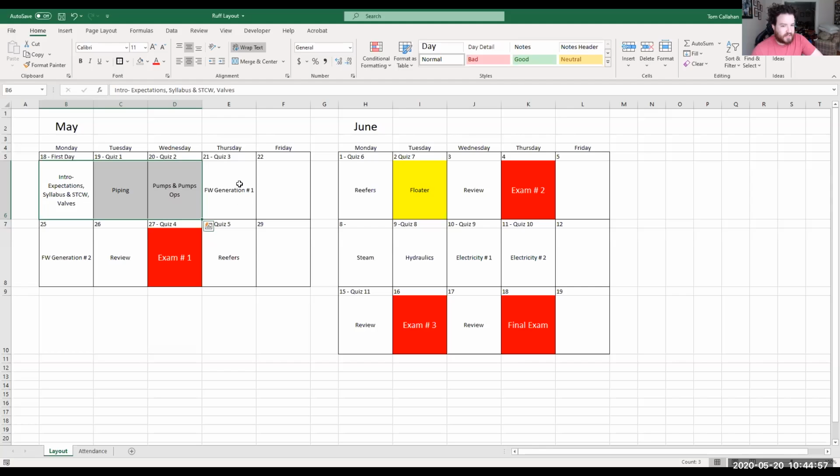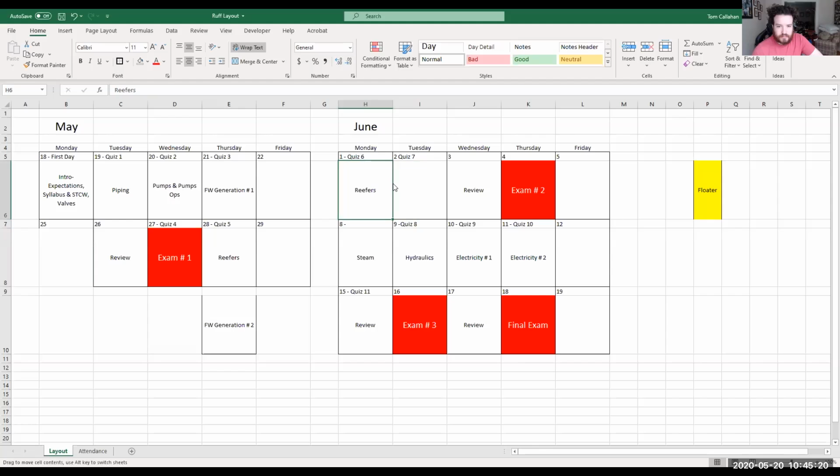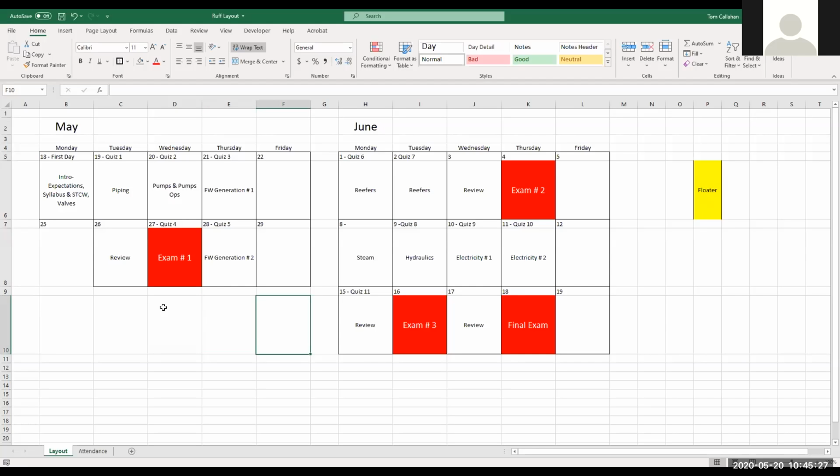And then what that means is freshwater generation and 2 are going to be taught, and they're going to be on exam 2. So for the quiz tomorrow, that's going to be on pumps and pumps ops.